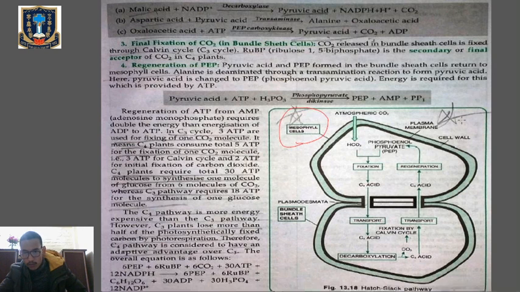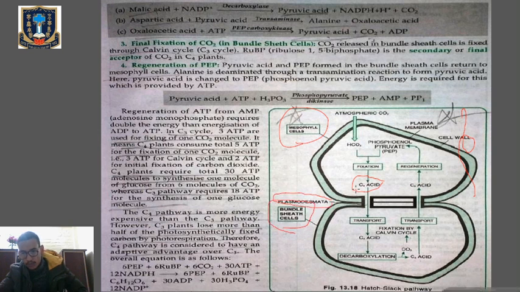In this portion the initial fixation of carbon dioxide occurs, where the product is the 4-carbon compound called oxaloacetic acid. After its formation, it will either be reduced to form malic acid or form aspartic acid. Whatever products are formed will now be transported through the plasmodesmata to the bundle sheath cells.